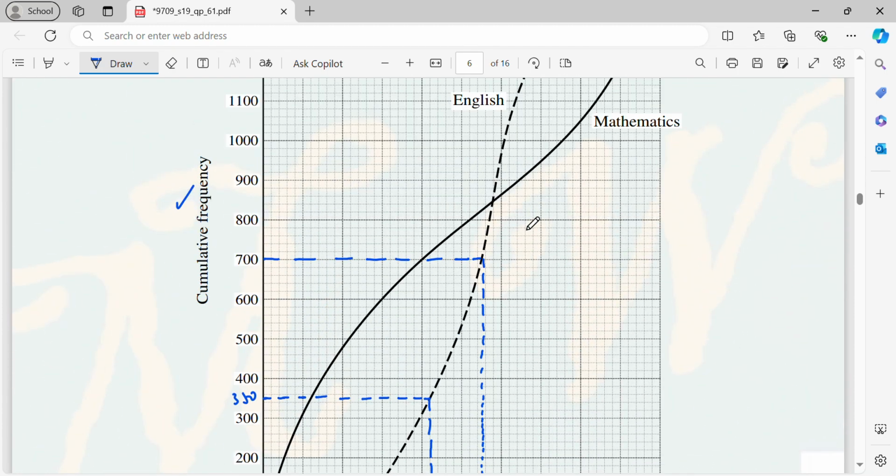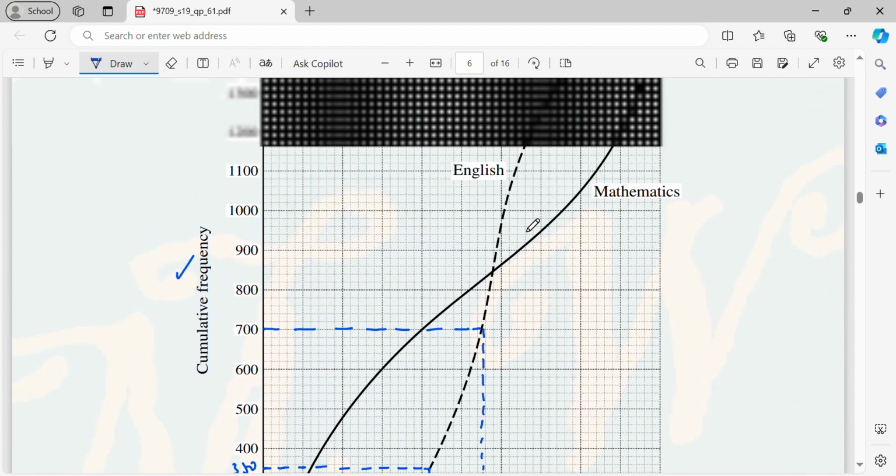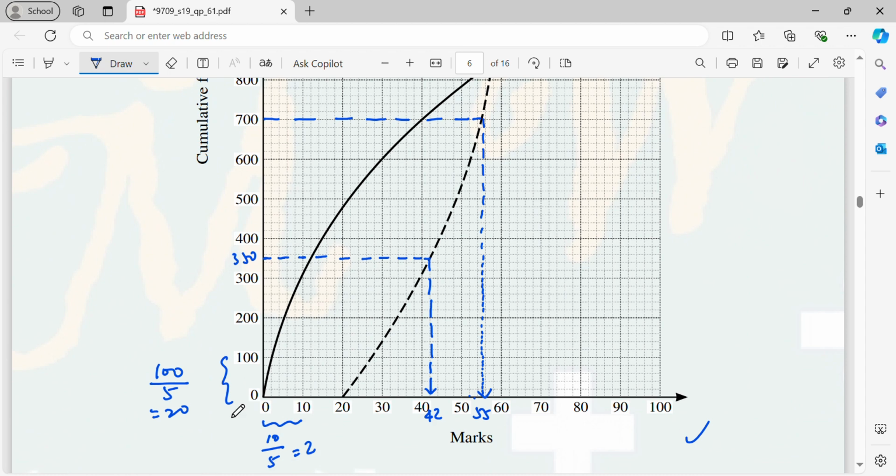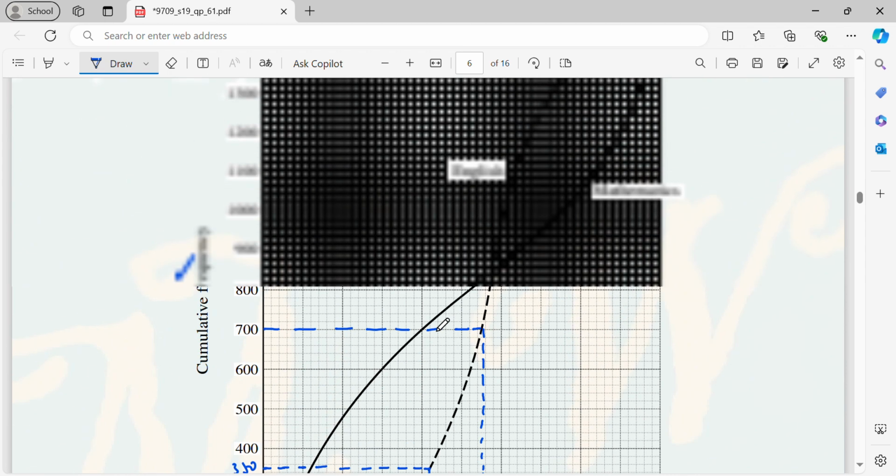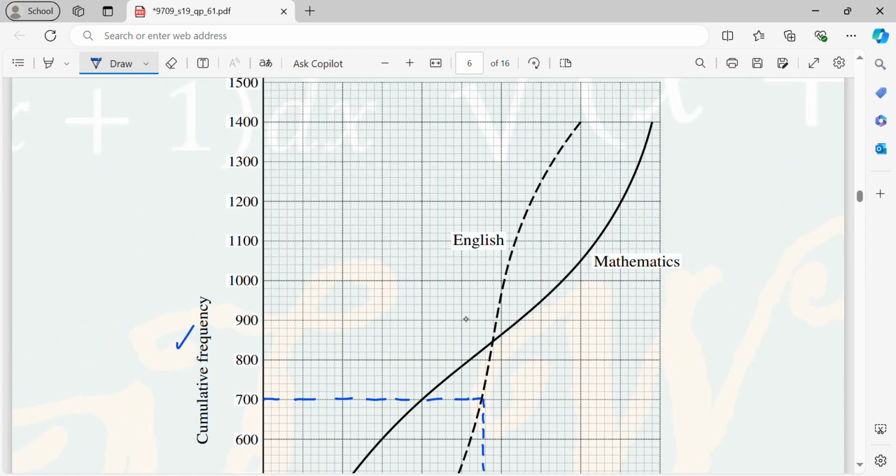Okay, 1050. And again, each square is 20 units, right? So 1050, here is 20, 40, 50 is over here. So it's in the middle.